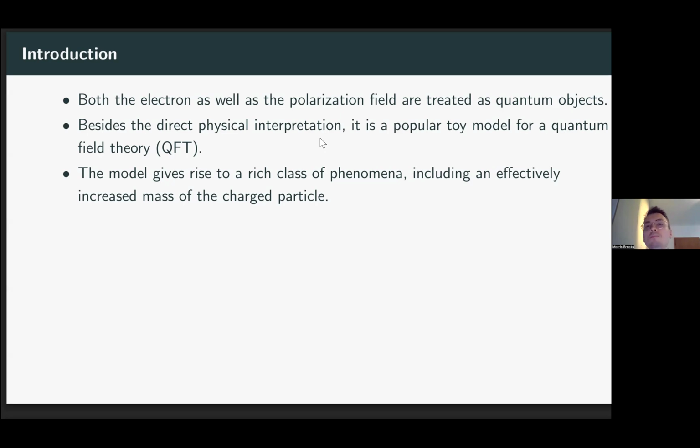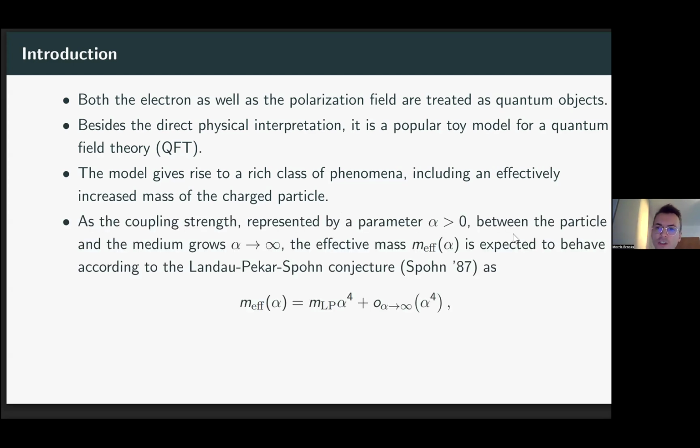To be more precise, I'm interested in how the effective mass depends on the interaction strength between electron and the medium. In the following, I will always denote by alpha greater than 0 a parameter which tells you the coupling strength between electron and medium. And in the end, I will be interested in letting alpha go to infinity.